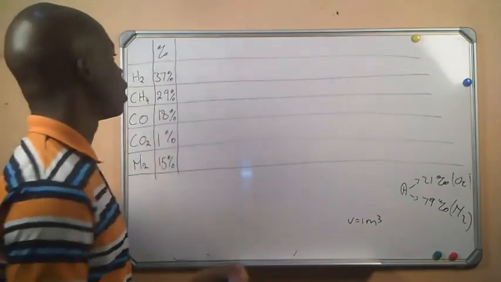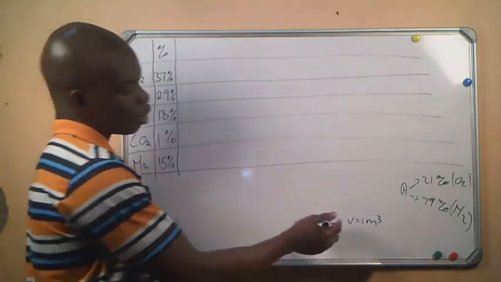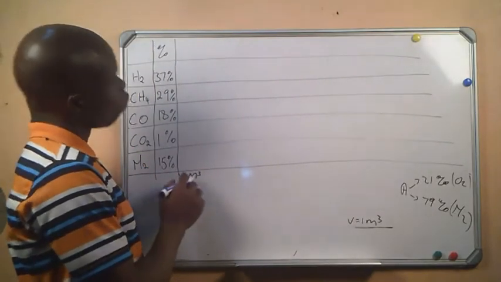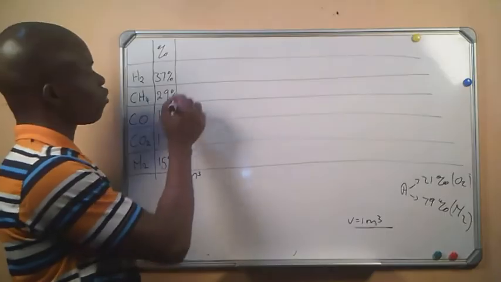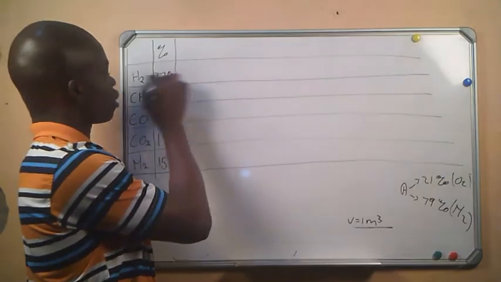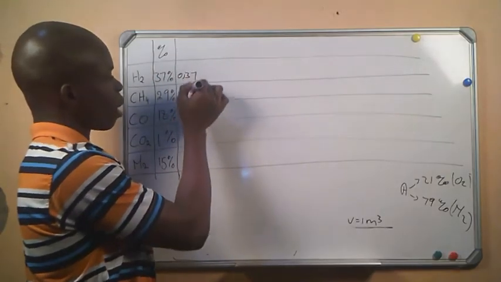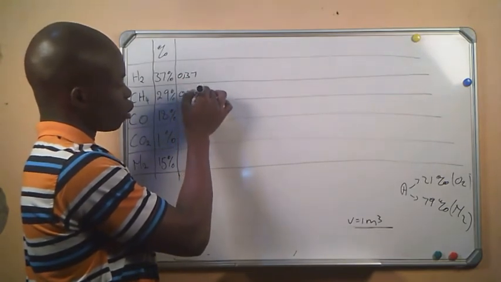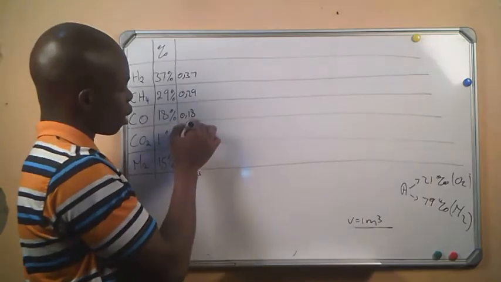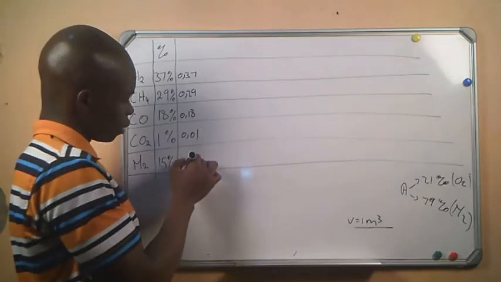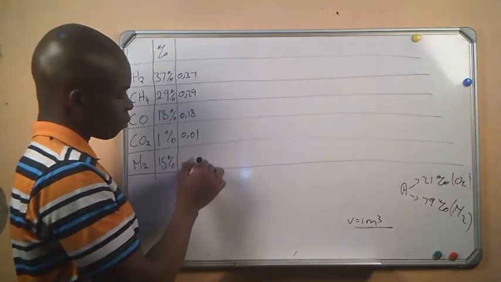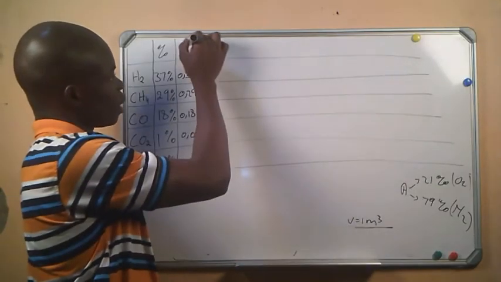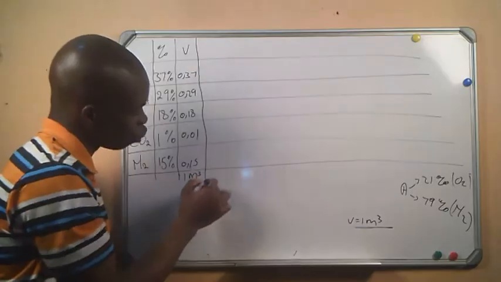The first thing we must do, since we are dealing with 1 cubic meter, is to say that the hydrogen in the fuel will be 0.37 cubic meters, and then 0.29 cubic meters, 0.18 cubic meters, 0.01, 0.15 cubic meters, and then we must get our answer as 1 cubic meter, since that is the volume we are given.